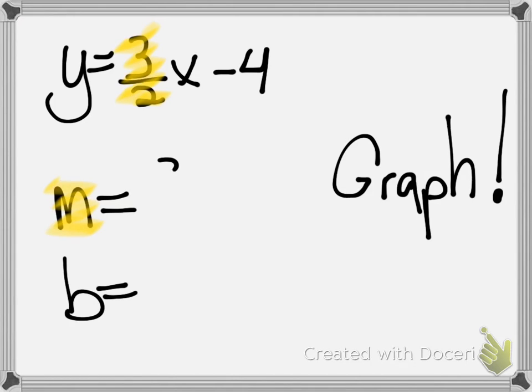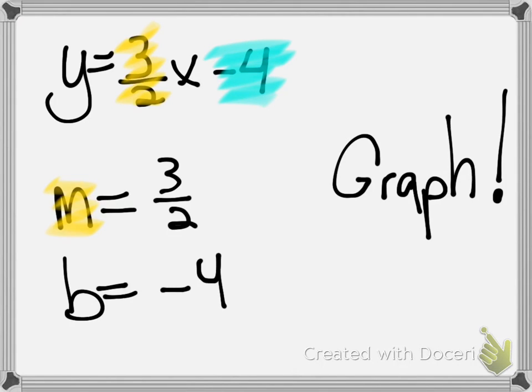So, my slope is 3 over 2. And an aqua blue will be my y-intercept, and that is -4.